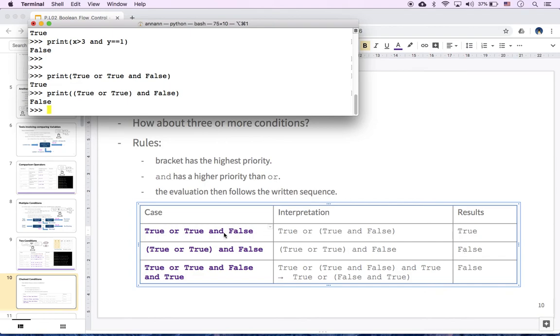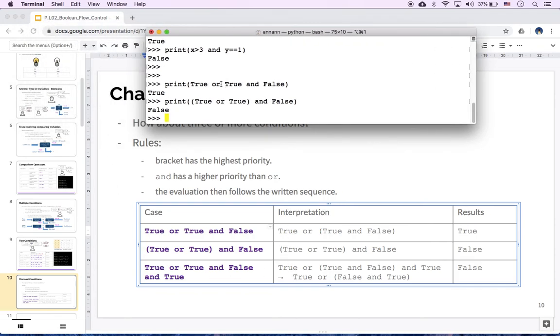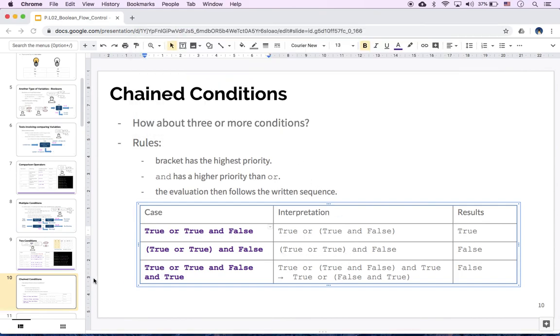So by putting brackets or putting and or here, you are playing with the priorities. Okay, so be careful when you have 3 or more conditions. I would suggest you put a bracket in your comparisons anyway if you have 3 or more comparisons to do.